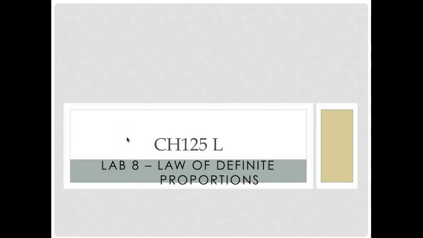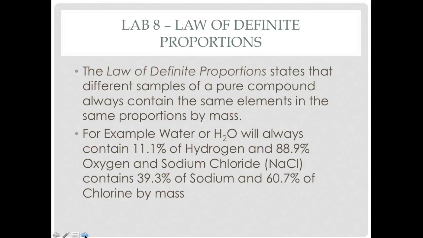The composition of a compound is always going to be a constant. The elements in the compound are combined in a definite ratio, and that's never going to change no matter where the sample of that compound is.